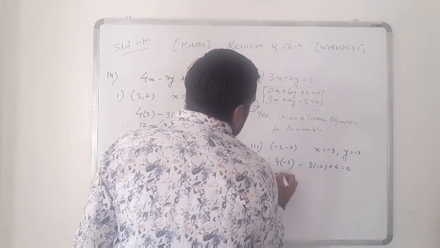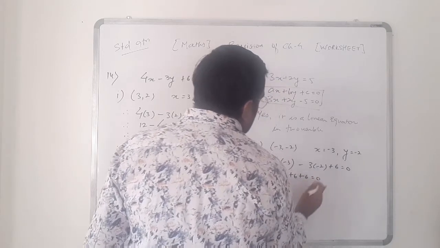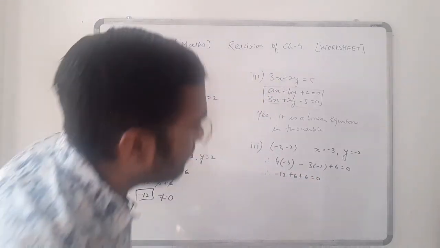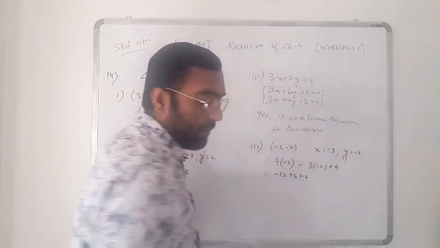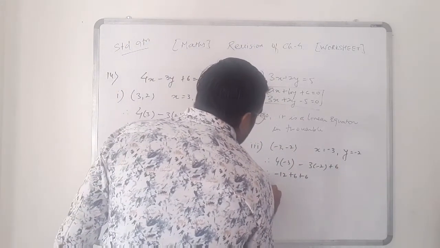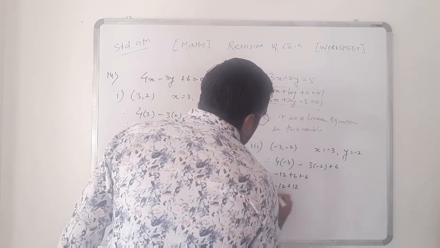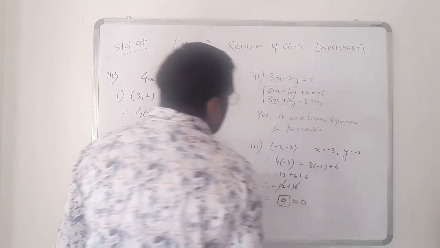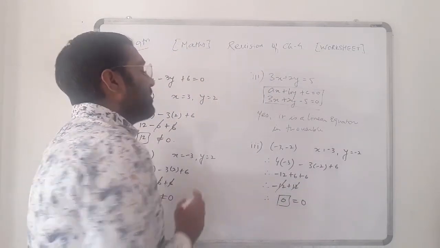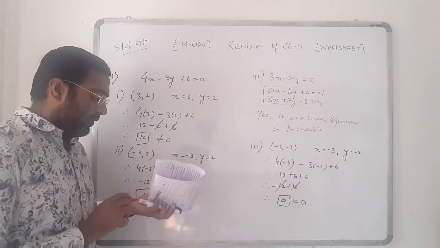So therefore minus 12 plus 6 plus 6. Here we should check whether that is equal to 0 or not. So minus 12 plus 12, both cancel out, so the answer is equal to 0. So here the third option is correct, so your answer is minus 3 comma minus 2.